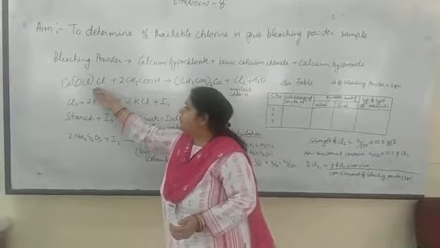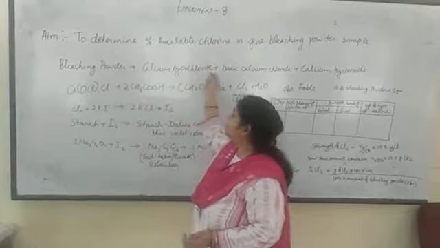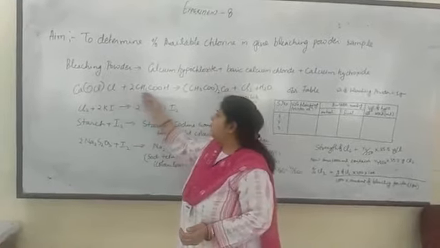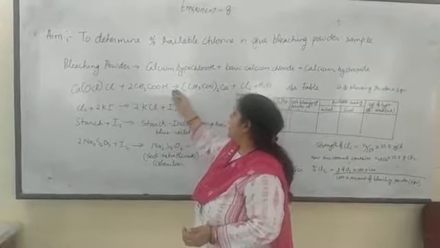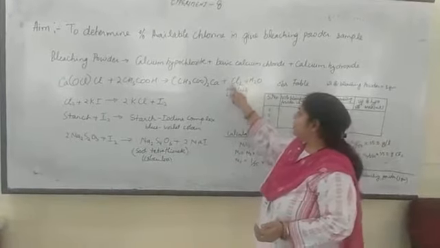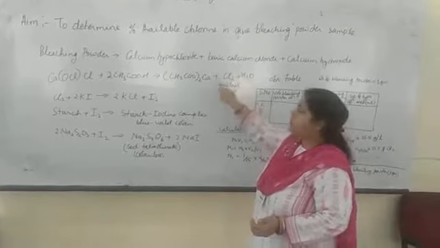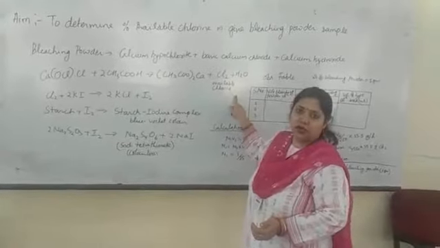Here the active ingredient of the bleaching powder is calcium hypochlorite, CaOCl2. This will react with dilute acetic acid and this will liberate the chlorine. So this liberated chlorine is known as the available chlorine.